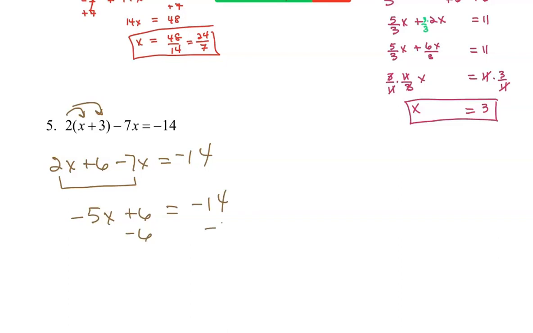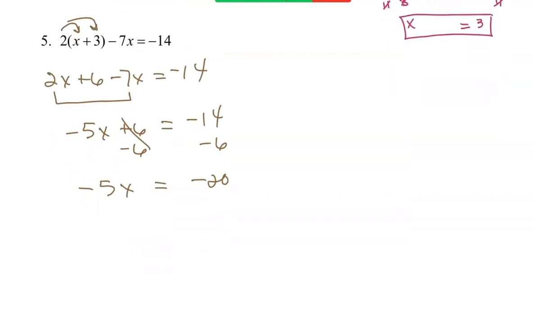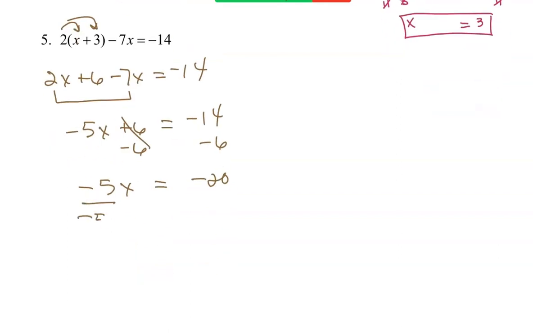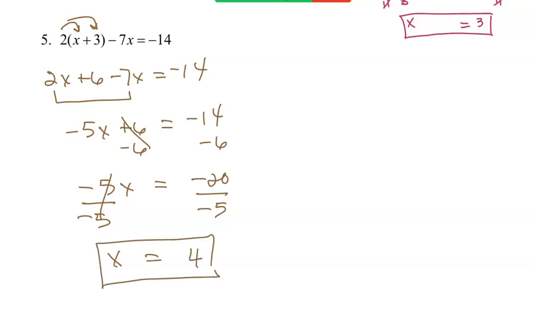Move the number to join the other number. You have negative 5x equals negative 20. Divide by a negative 5. That gives me x equals, negative over negative is positive, positive 4. And we are done. Okay?